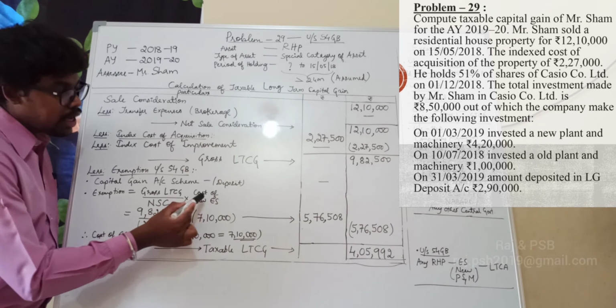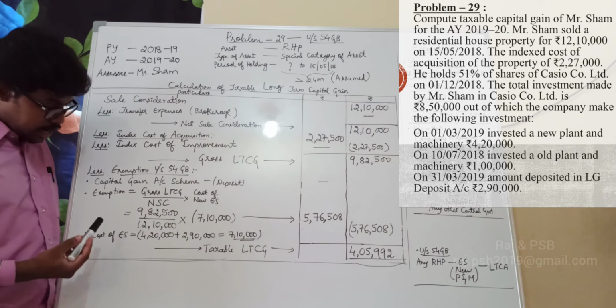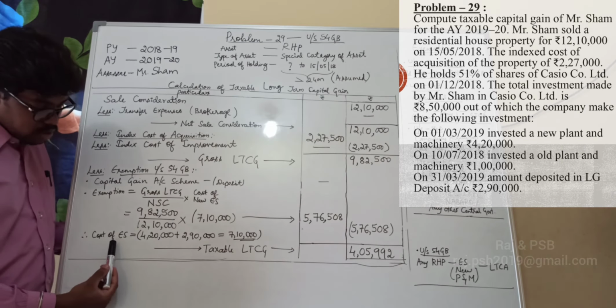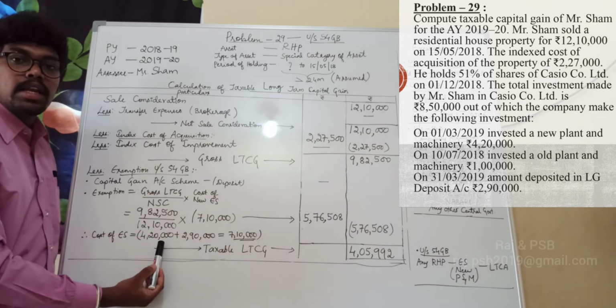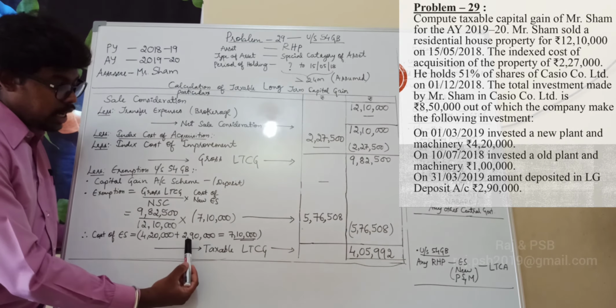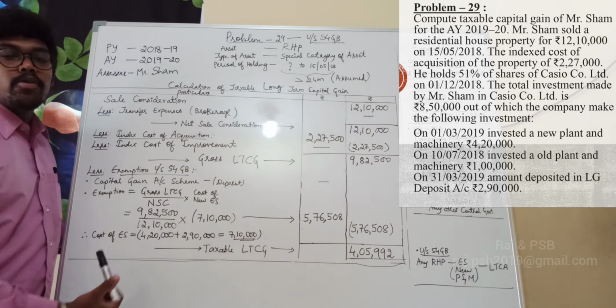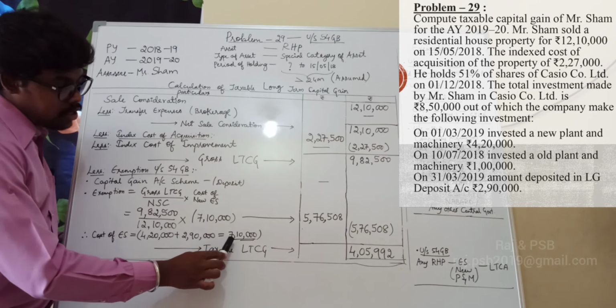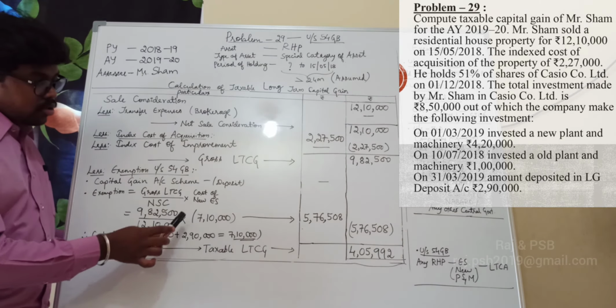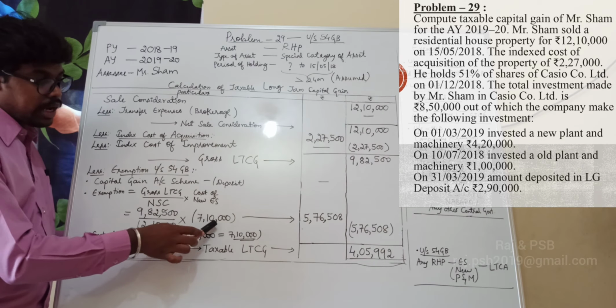See how the cost of equity shares is calculated. Therefore the cost of equity shares is 4,20,000, which is invested in new plant and machinery, plus 2,90,000 deposited in the LG deposit scheme or account, equals 7,10,000. So the cost of new equity shares is 7,10,000.